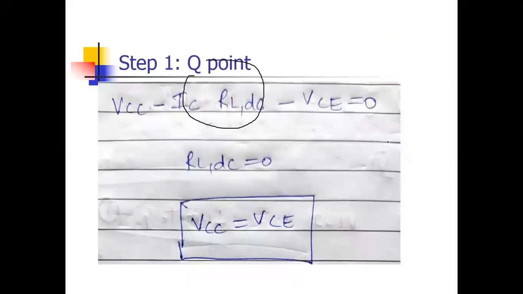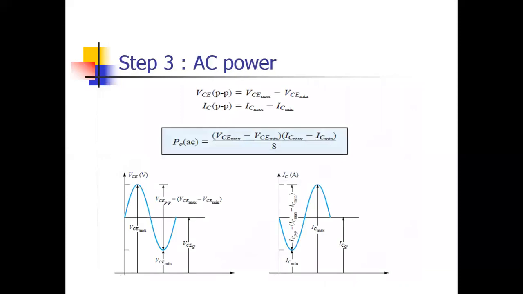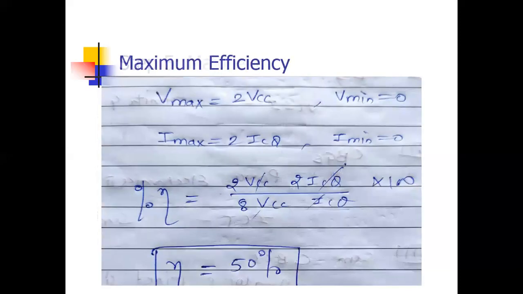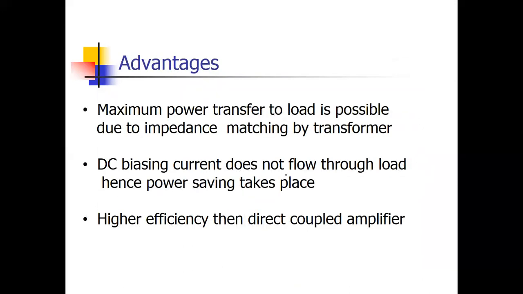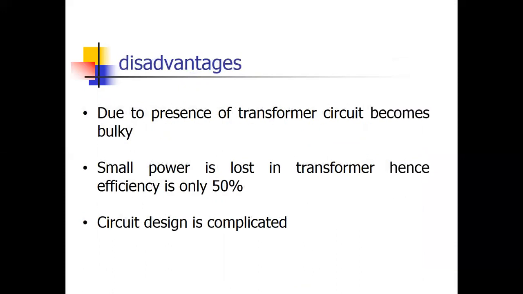That current is saved, so power is not wasted here. Unlike the series fed power amplifier, DC biasing current does not flow, giving higher efficiency, because in the last case it was 25%, now efficiency is 50%.